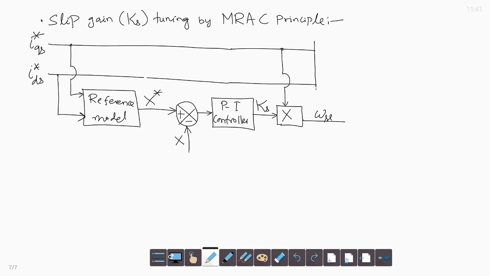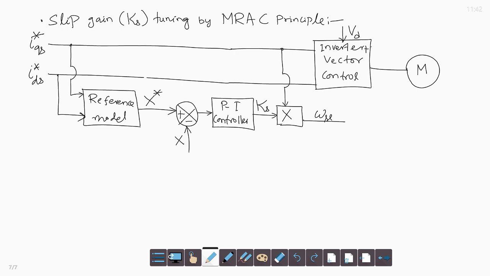ID star and IQ star are inputs to the vector control drive, that means inverter plus vector control, which also has the input DC voltage Vd and feeds the motor the required supply.